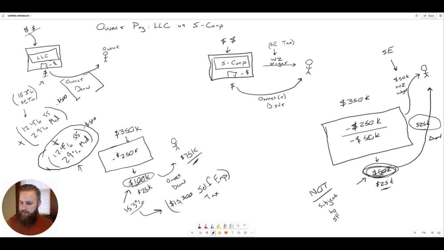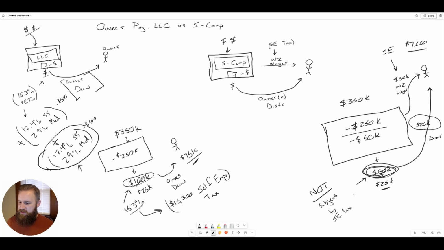Okay? So you paid your self-employment tax up here on your wages. This $50,000 is not subject to self-employment tax. So instead of paying $15,300 in self-employment tax, you paid self-employment tax on the $50,000 in wages, which is $7,650.